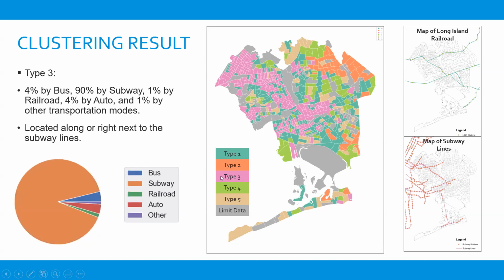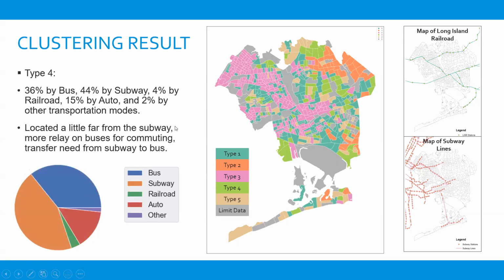And type 3 here, which is the pink type on the map, shows people who live right along the subway line. So of course, more than 90% of people would choose subway as their major travel pattern to work. And type 4, we can see that type 4 is light green on the map.